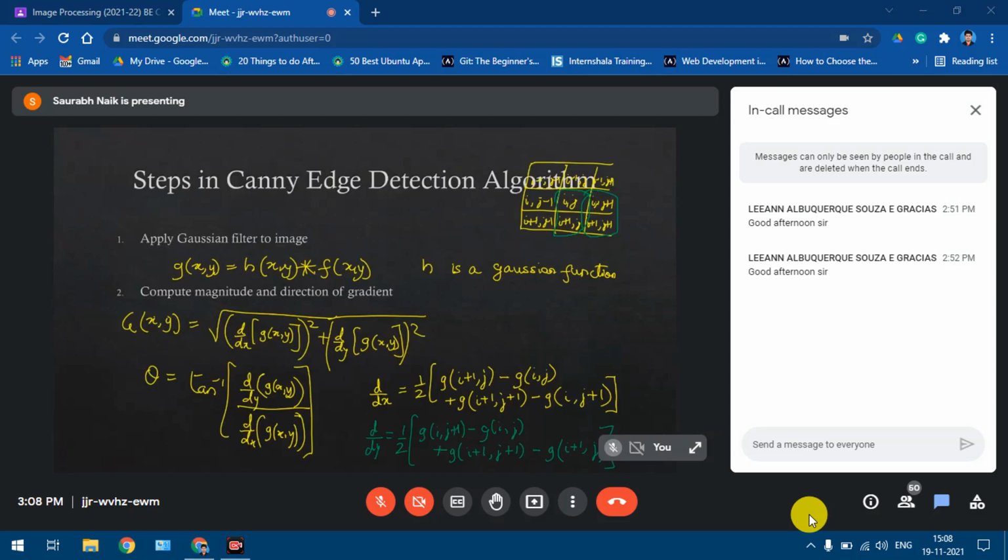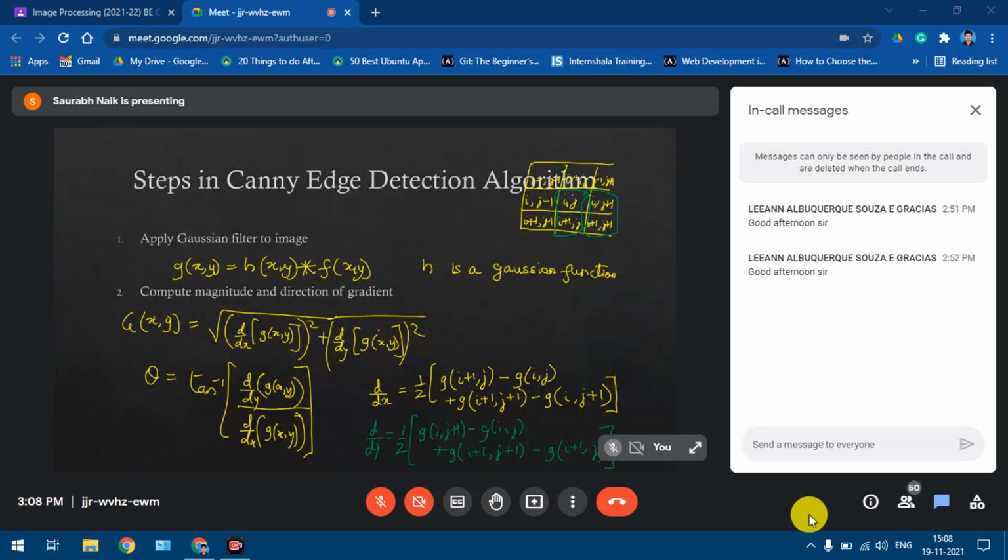First, we apply the Gaussian filter: we take the convolution of the Gaussian filter with the image. All of these equations are written in the textbook, so you'll be applying the Gaussian filter to your image as a convolution operation.